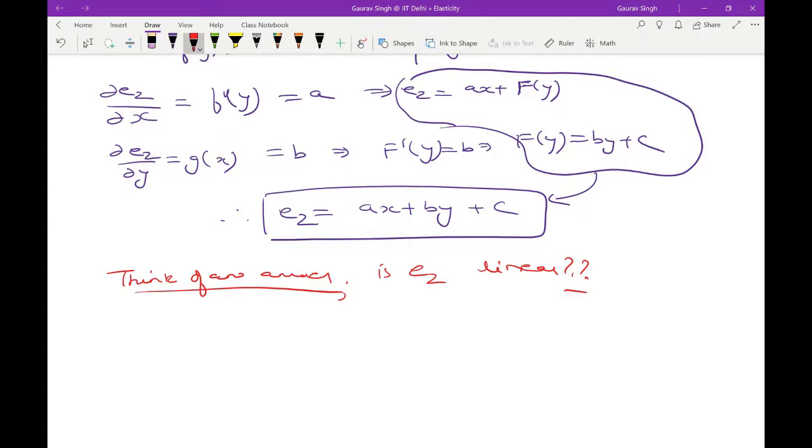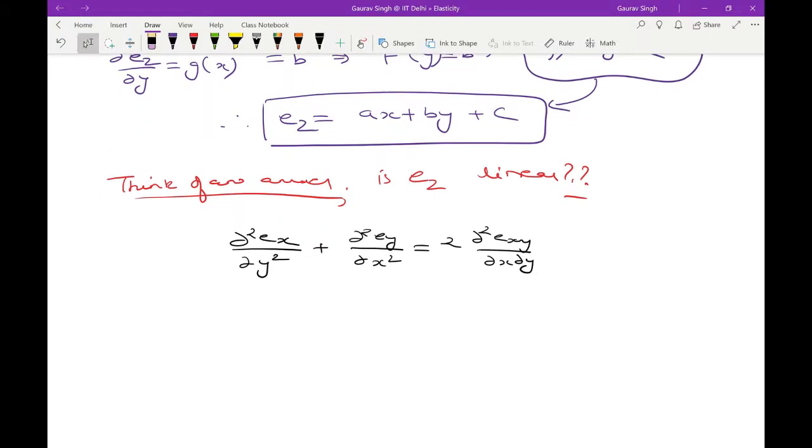So coming back, the only compatibility equation which is left out for us is this one, and this should give the Beltrami-Michell equation.